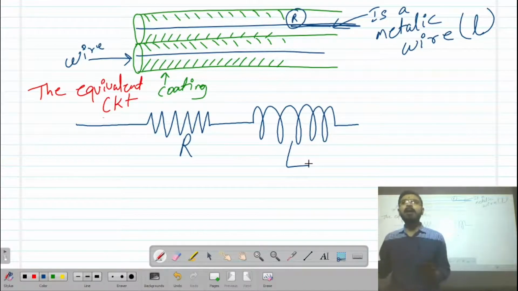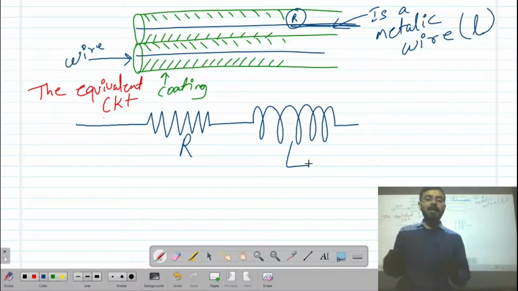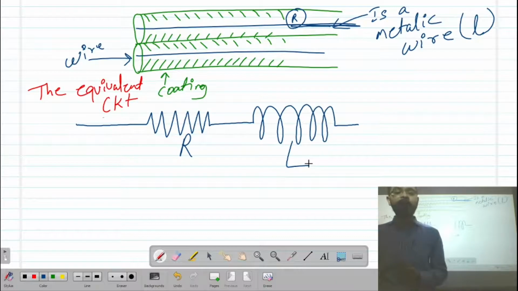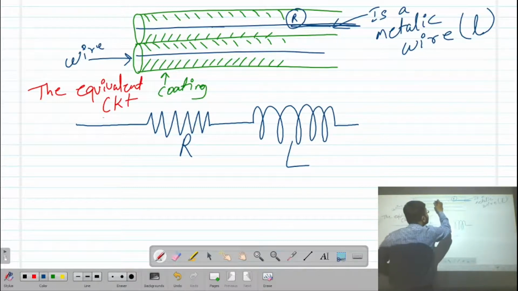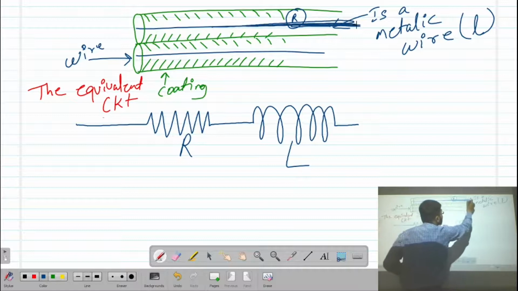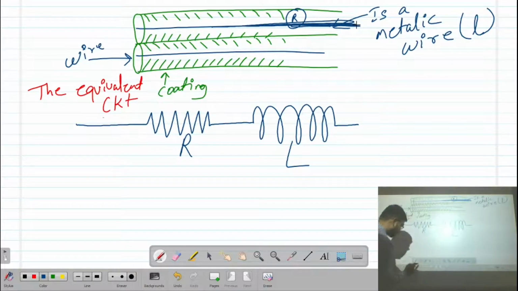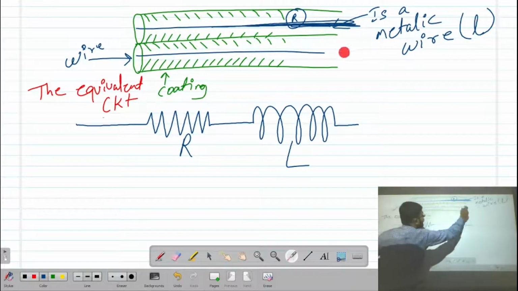If a wire is there and it has a magnetic field associated with it, then it is definitely going to have inductor L. Now, these two components are associated with the length of the wire.